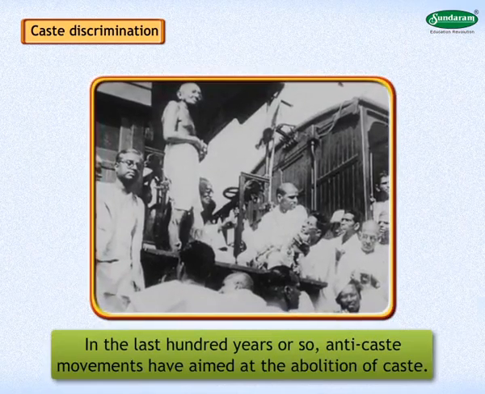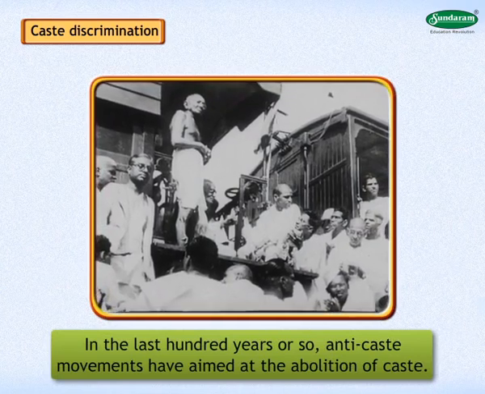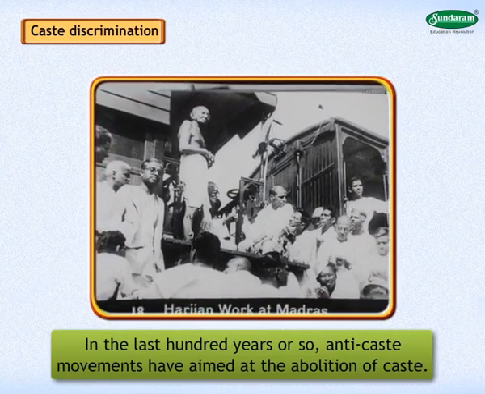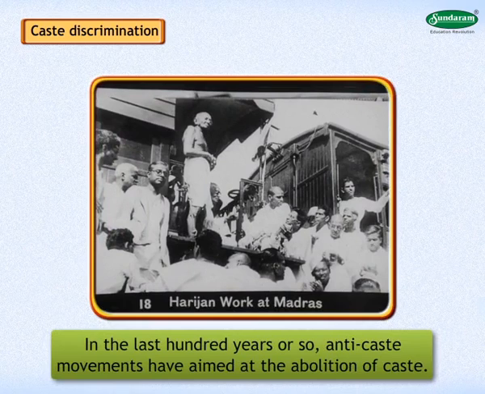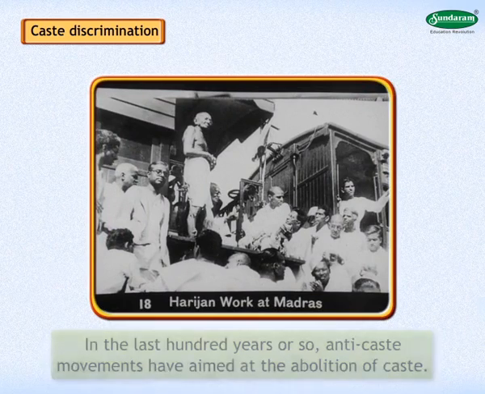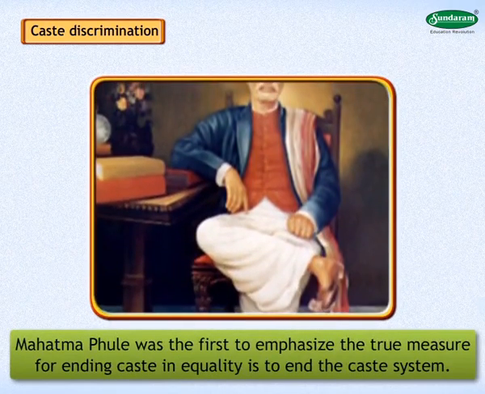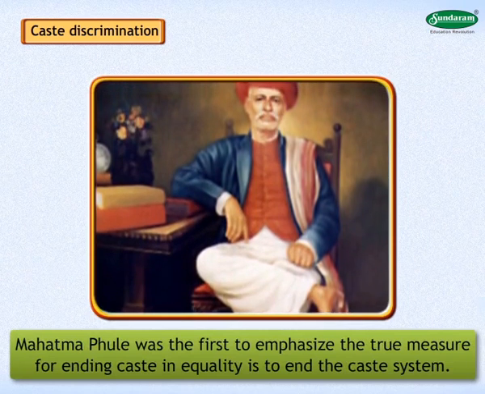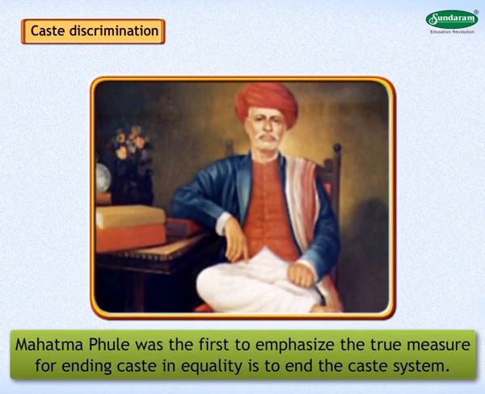In the last 100 years or so, anti-caste movements have aimed at the abolition of caste. Mahatma Phule was the first to emphasize that the true measure for ending caste inequality is to end the caste system.